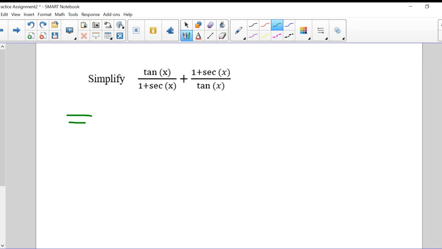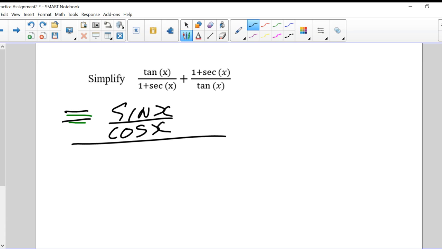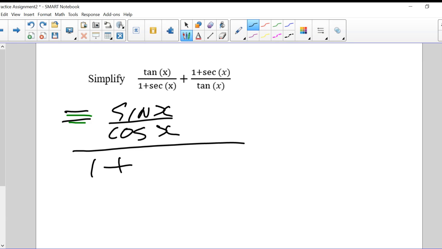So that's equal to, let me go back to black. So that's equal to sine x over cos x over 1 plus 1 over, ooh, that's ugly, hold on, over cos x over 1 plus what Kristen just said, 1 over cosine x.